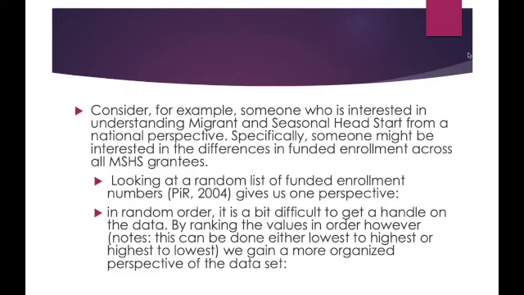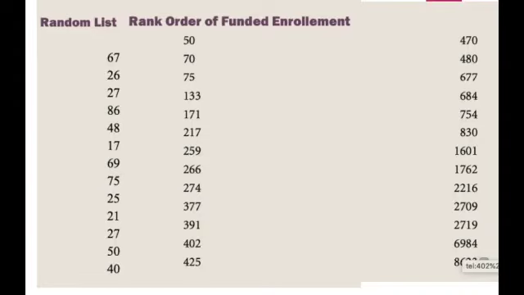So that leads to the need to rank the values in order, for example, ascending or descending order, or lowest to highest, or highest to lowest. By ranking the numbers and putting them in a better visualization, we can get a more organized perspective of the data set. In the example, the first column is the random list.